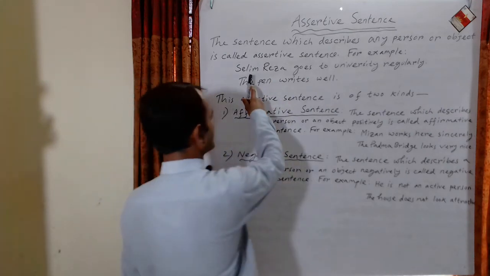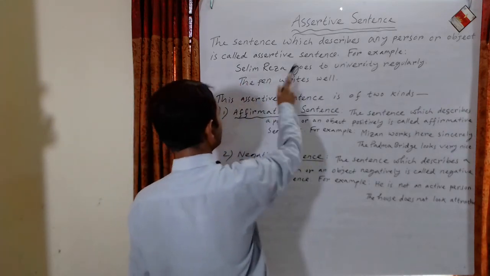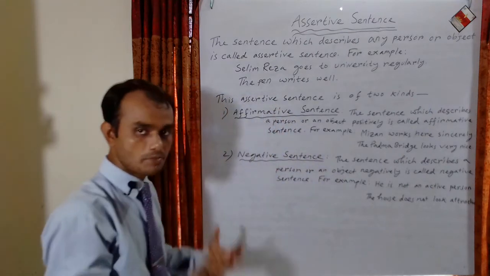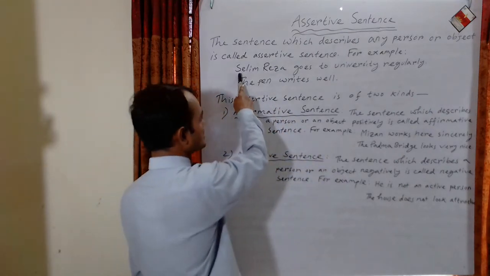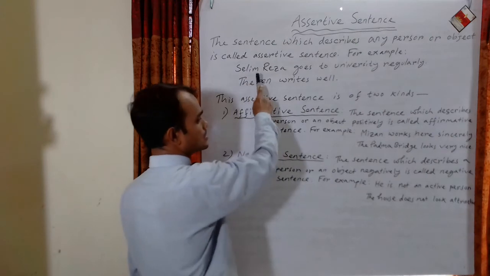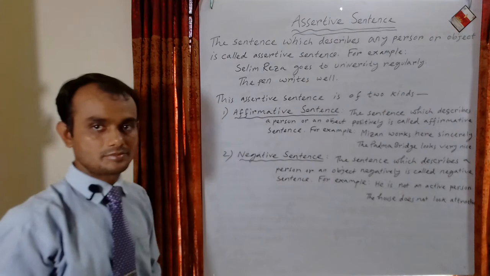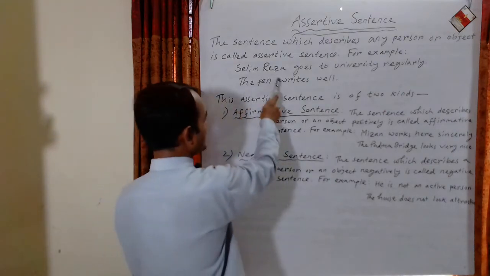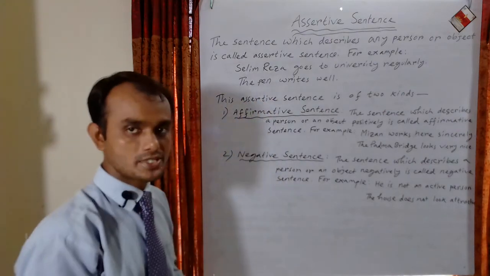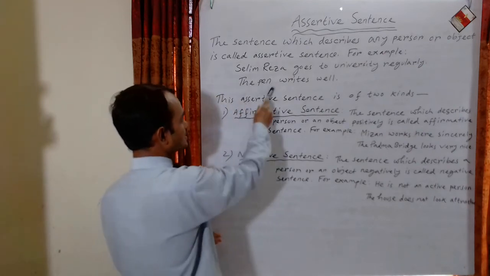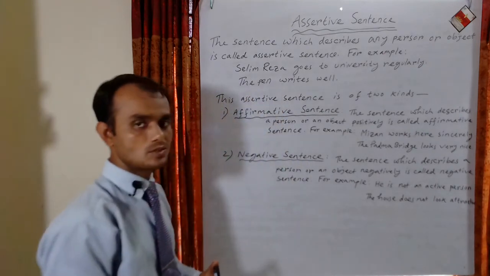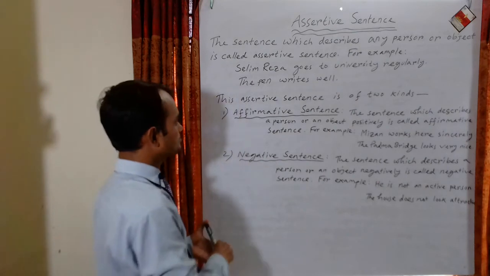Salim Raja is the name of a person. This sentence describes this person. So this is an assertive sentence. The pen writes well. The pen is the name of an object, and this sentence describes this object. So this is an assertive sentence.